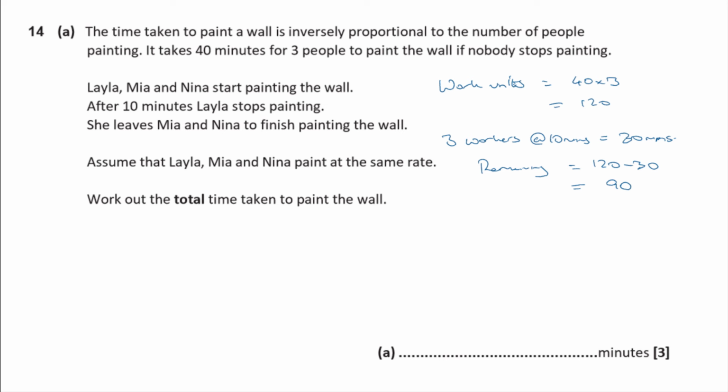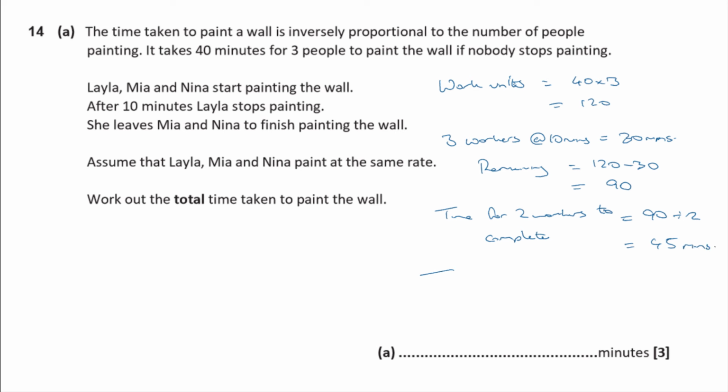Okay, so then the time for 2 workers is going to be that 90 minutes remaining divided by the 2 people working. So the 2 girls are going to work for another 45 minutes.